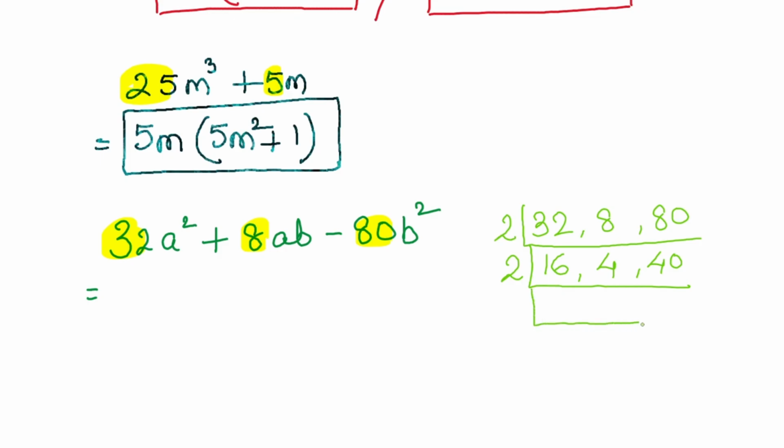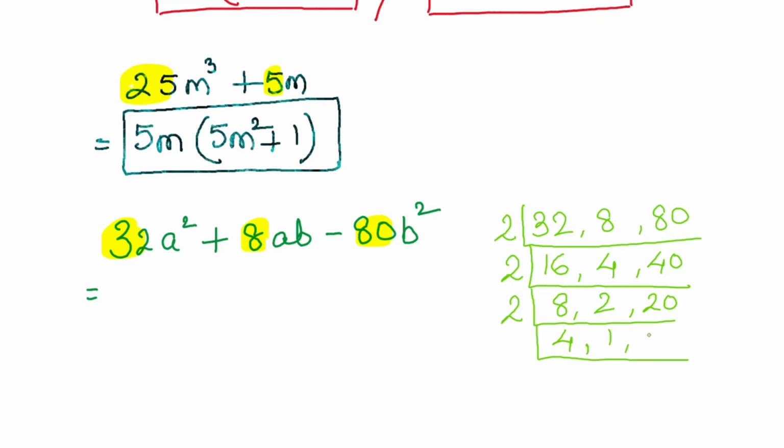So we'll again divide each one of them by 2. 16 divided by 2 is 8. 4 divided by 2 is 2. And 40 divided by 2 is 20. Still, all the three numbers are divisible by 2. So we'll again write 2, and then 8 divided by 2 is 4. 2 divided by 2 is 1.